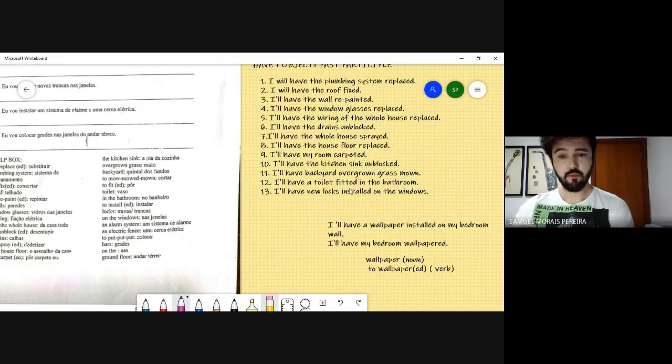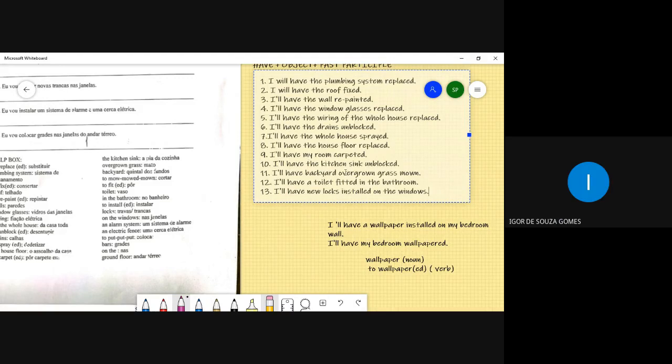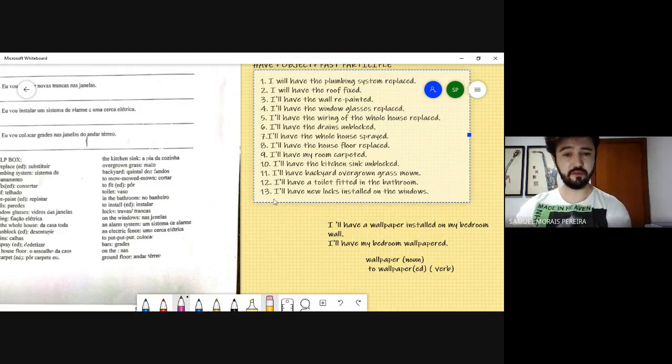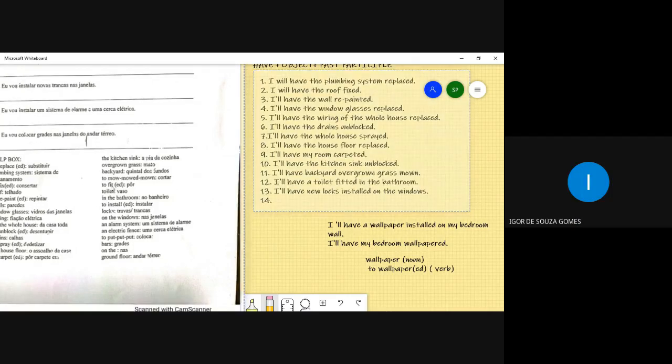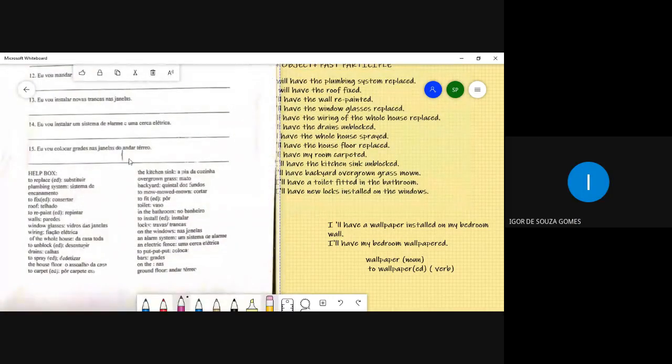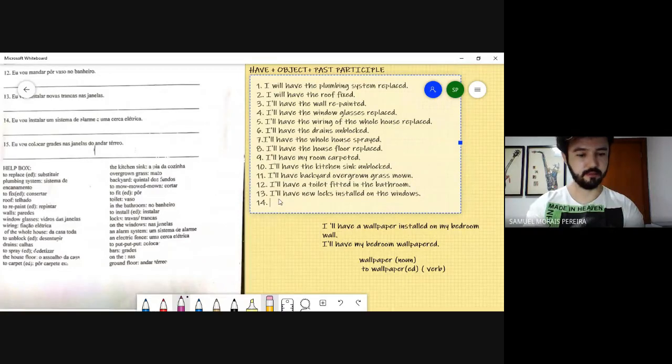Well, guys, so moving on. Now we are with 13. Era o Igor, né, que estava falando, Igor? Yes, teacher. Igor, could you please do number 14 and 15? So, number 14. Okay, então, I will have an alarm system and electric fence installed. Yes. So, I'll have, the pronunciation is installed.